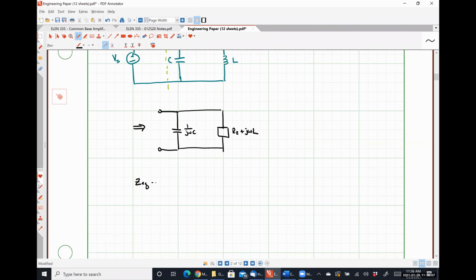So I'm gonna have ZEQ is equal to R2 plus j omega L times 1 over j omega C. And then down here, I'm gonna have 1 over j omega C plus R2 plus j omega L, right?